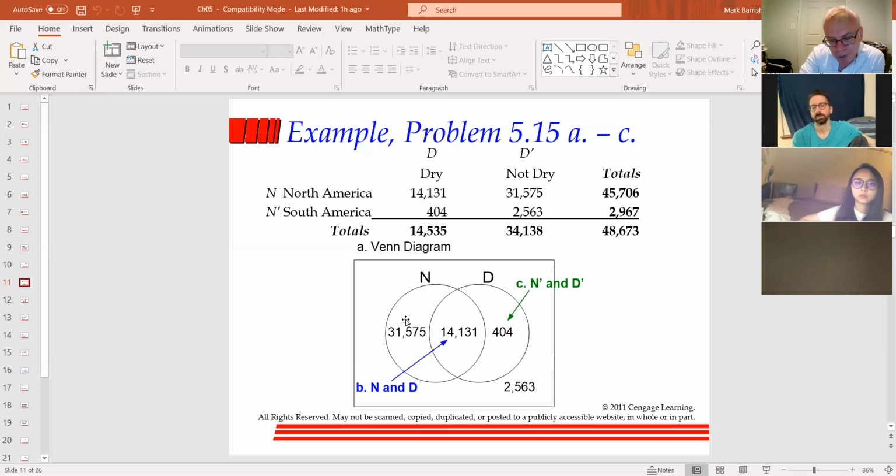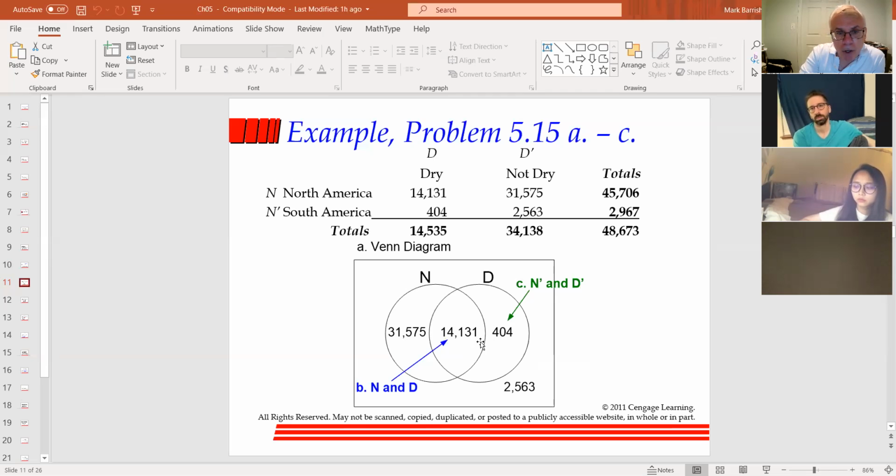You see what I'm saying? You have to be a little more specific. But yes, if you simply say it's the union of the number that are in North America and the number that are dry, using the addition principle, that would be the sum of these three numbers.